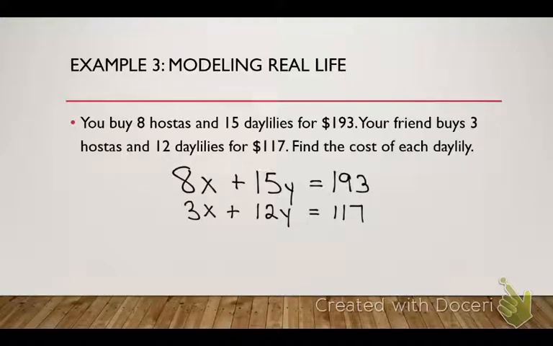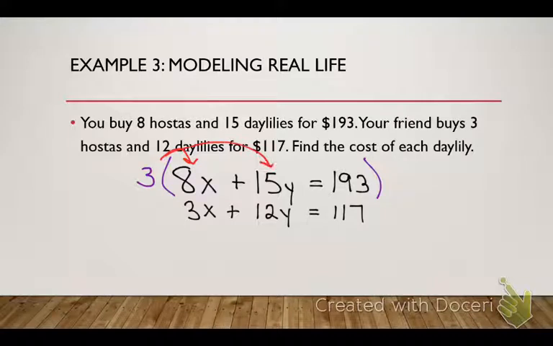What's the next multiple of 8? 24. Okay, so now 24 is my LCM. So what would I need to multiply 8 by to get 24? 3. So I multiply the entire equation by 3.